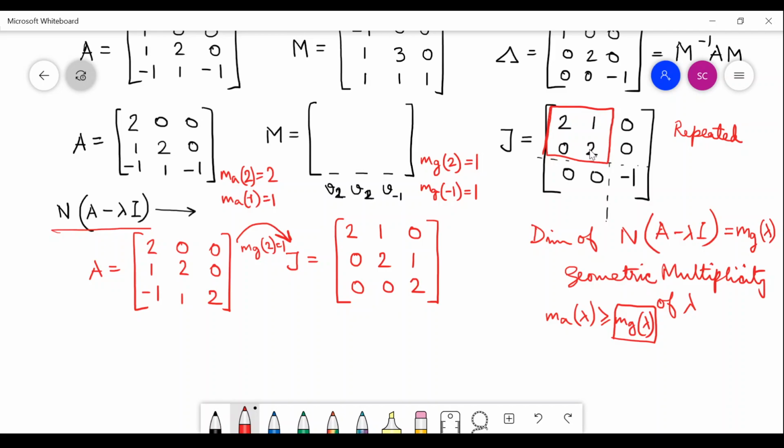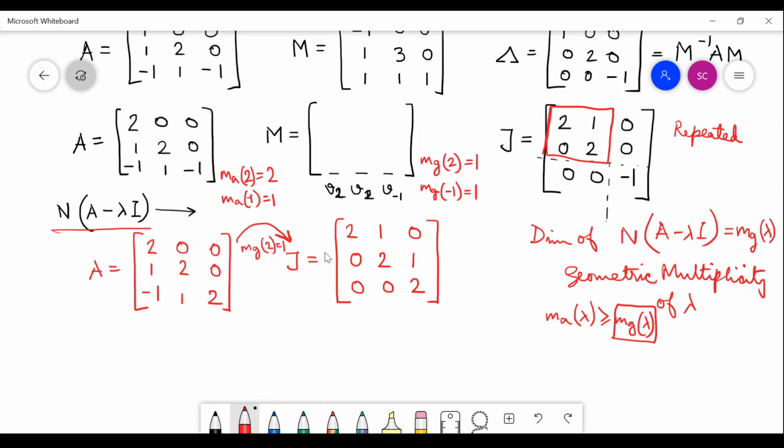That is the algebraic multiplicity, right? The algebraic multiplicity 2. So the size of the Jordan block is 2. Here only one, the geometric multiplicity is only 1, but the algebraic multiplicity is 3.